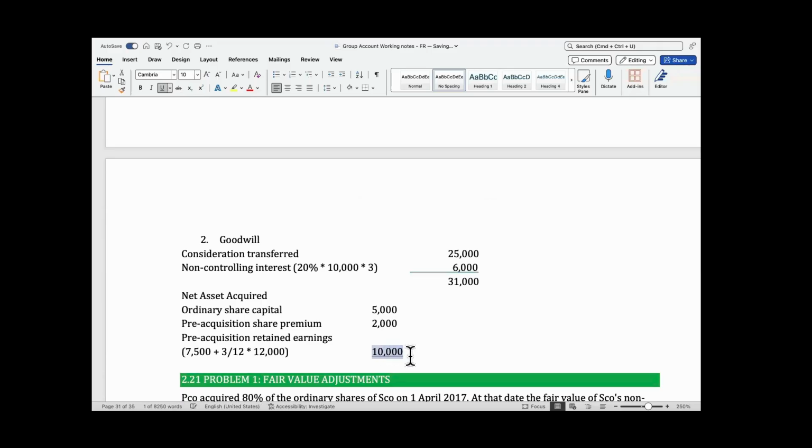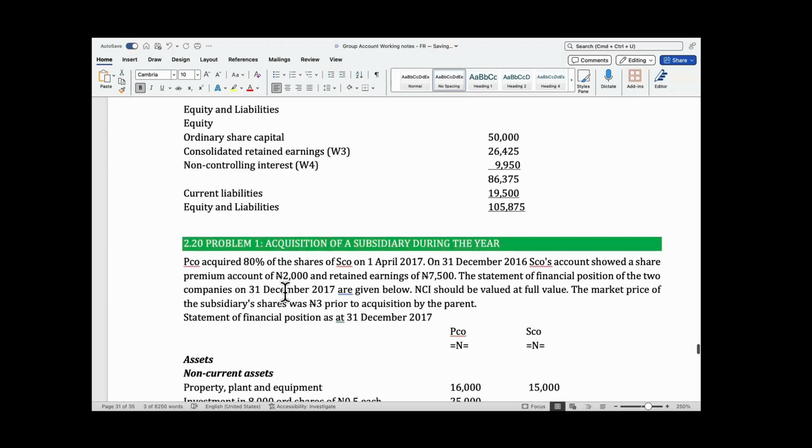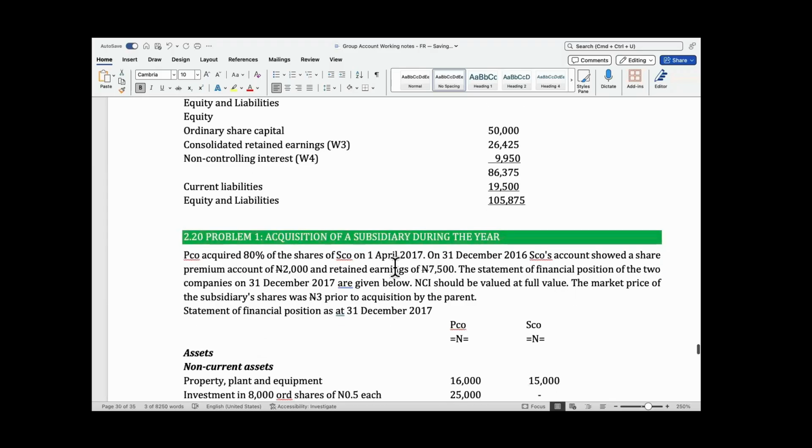And that's the tricky part in this question. Don't just assume that whatever retained earnings they give you up here is totally pre. Yes, it's pre, but I need it as at this date. So in addition, there's still a portion of the profit for the year that is also pre, which is the 3 months in the year, January to March.